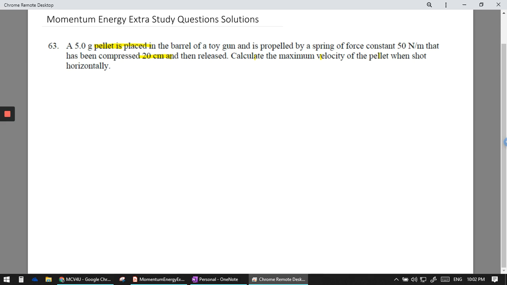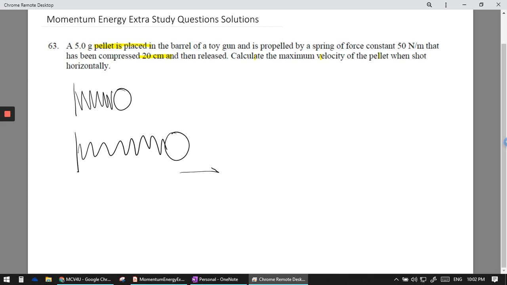And so we're thinking about this pellet here, or this thing, and it's on a spring. Here's the pellet. It's been compressed a certain amount, and then when you let go of it, all of a sudden it has a velocity, okay? And our goal is to say, all right, well, here we've got some initial energy, and here we've got some final energy.